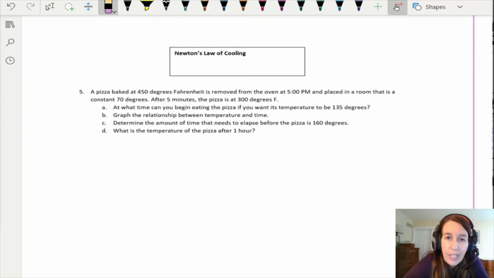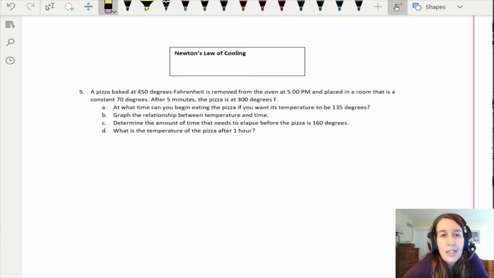One final application of the law of uninhibited growth and decay is Newton's law of cooling. This model uses the law of uninhibited decay, but it does have a little bit more to it. Isaac Newton worked on this and was credited with it.